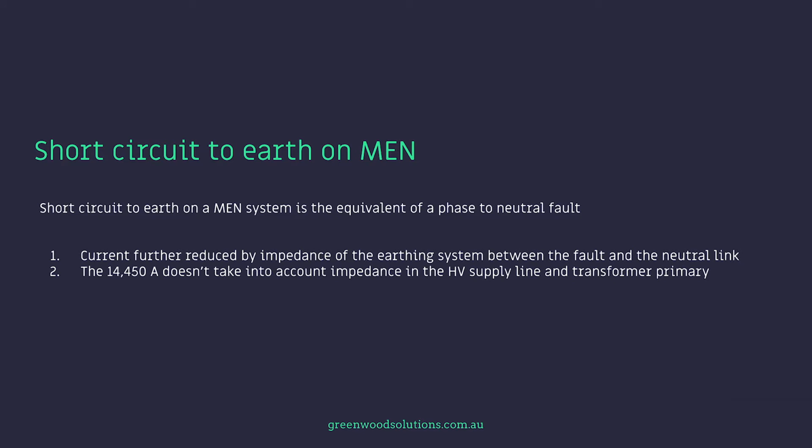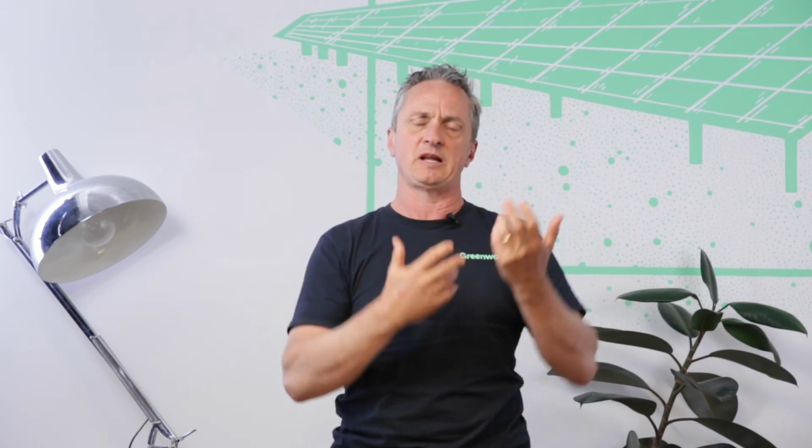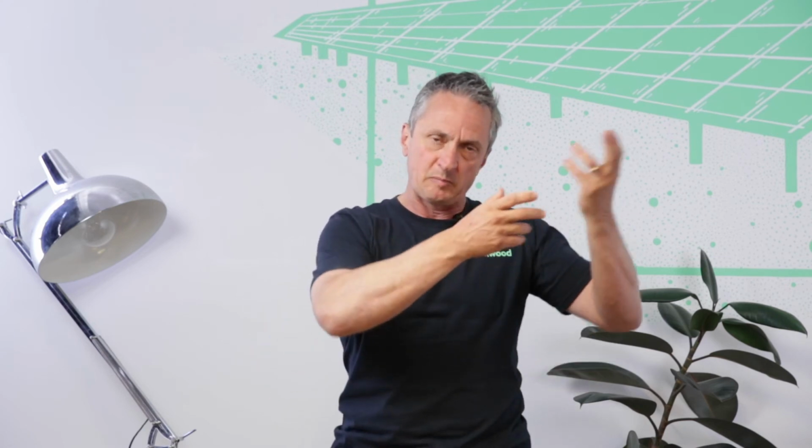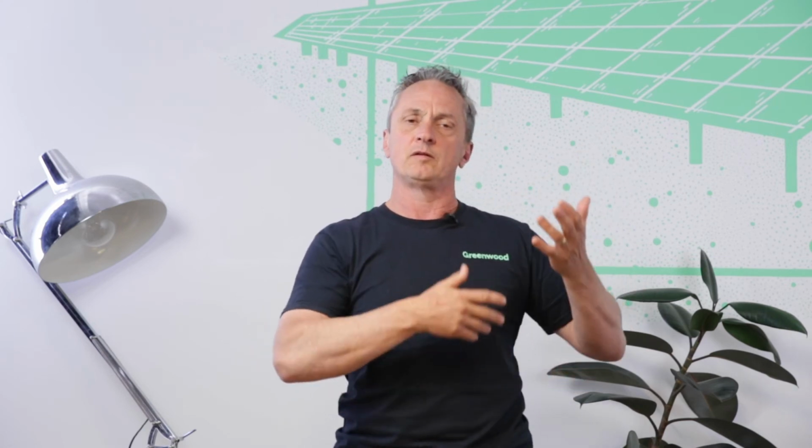The 14,450 amps doesn't take into account impedance in the HV supply line and the transformer primary. Their contribution is so small, so the calculated values are always on the safe side. Look, at any point in a circuit, apart from the point of supply, that prospective short circuit current is going to be less, obviously because of the impedance of the components involved.